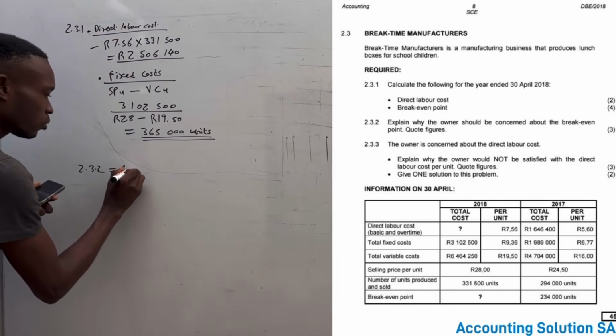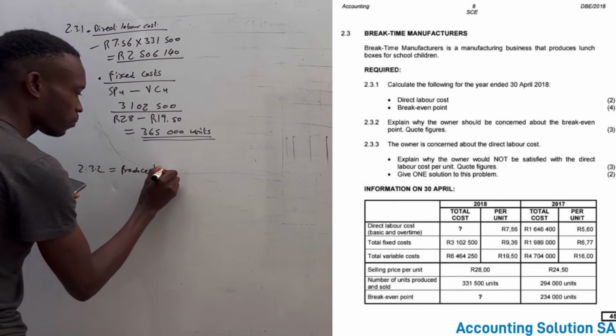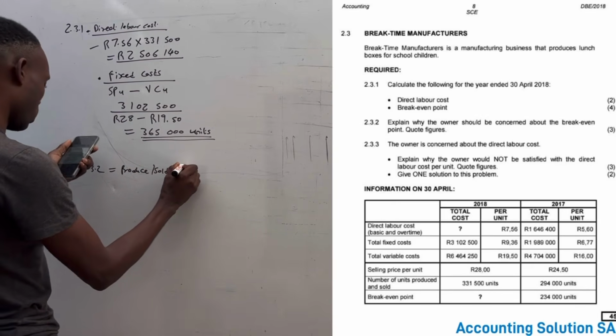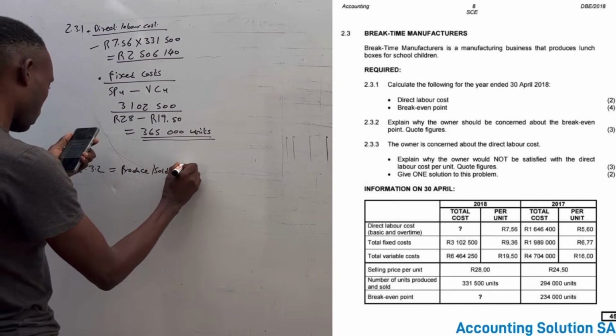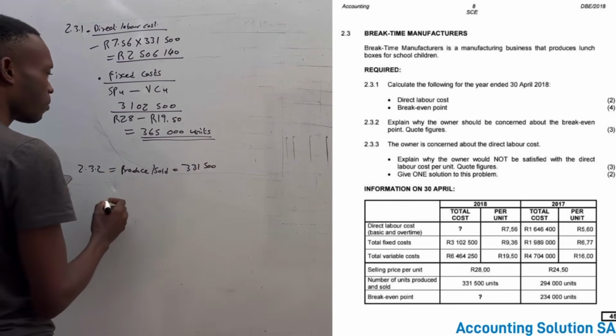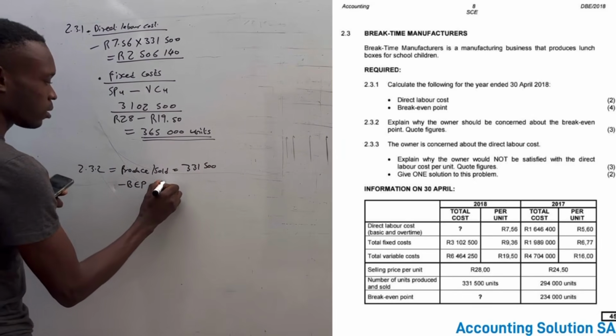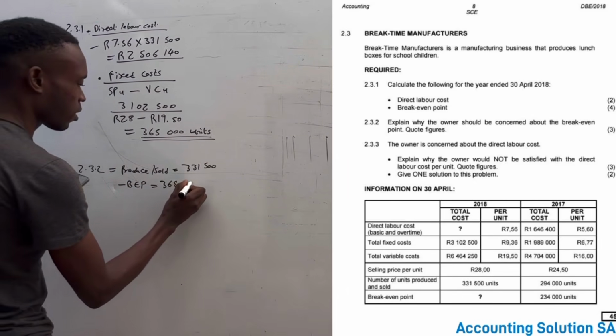So let's check. They produced and sold 331,500 units. And their break-even point is 365,000.